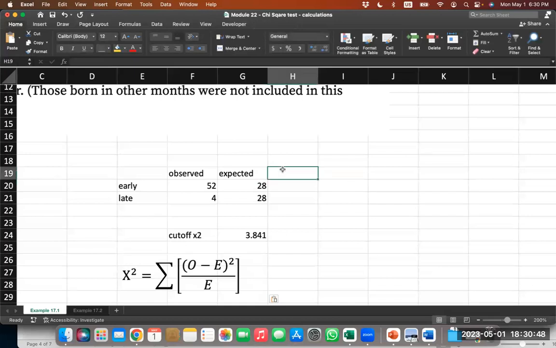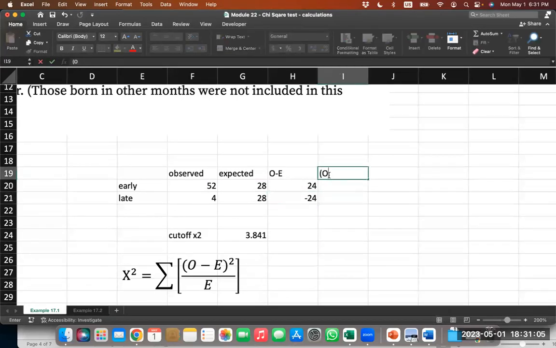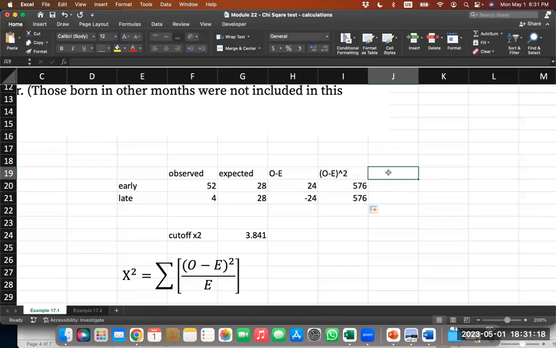So we only have to calculate now O minus E, which is observed minus expected, that's 24. And doing the same with late gives us minus 24. So now O minus E squared is this squared. So 24 squared is 576.